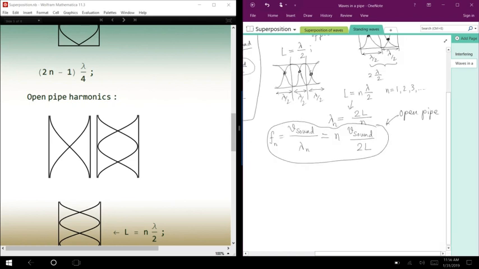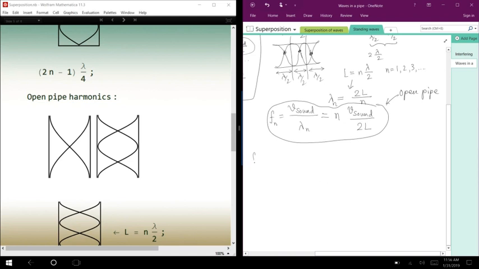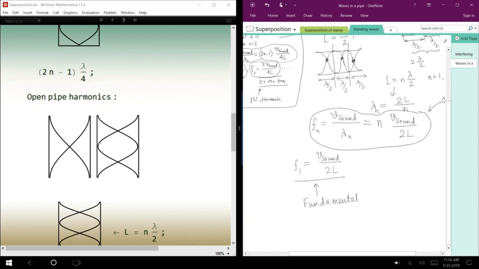Okay, so what are the different kinds of frequencies? Well, first of all, we can have n equals 1. So F1 is equal to V sound over 2L. This is the minimum frequency, and it's often referred to as the fundamental frequency. Now, you may see some books use a slightly different notation where they call this F0.